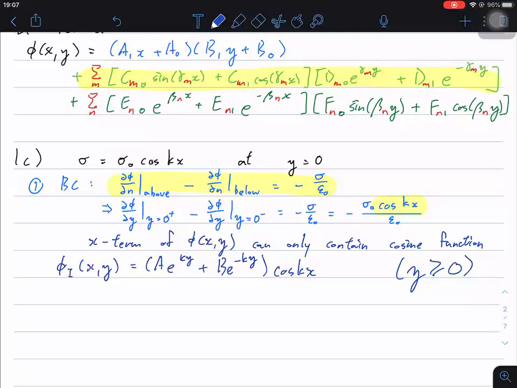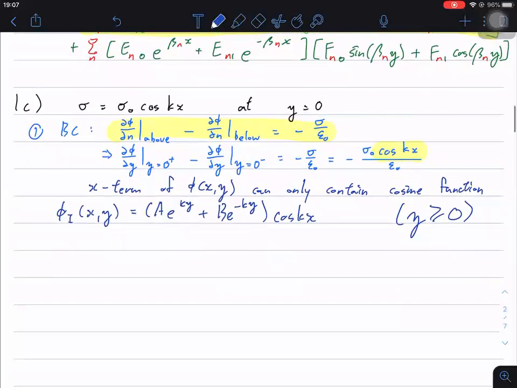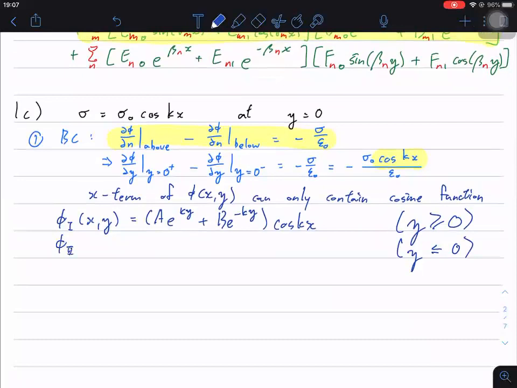And for the y term, it's just exponential. So we have exponential ky and exponential of minus ky. And similarly, for the potential below, we have a similar form.